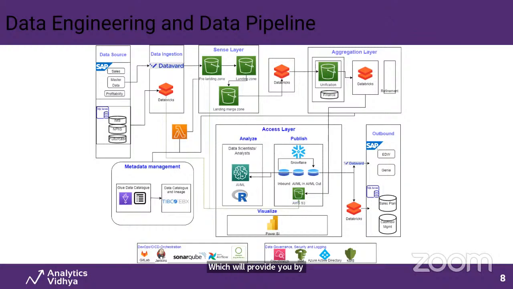And in a similar way, you will have blob storage in Azure. So any object store. Why we are choosing an object store is because it can store any kind of data, be it structured, semi-structured, or unstructured data.